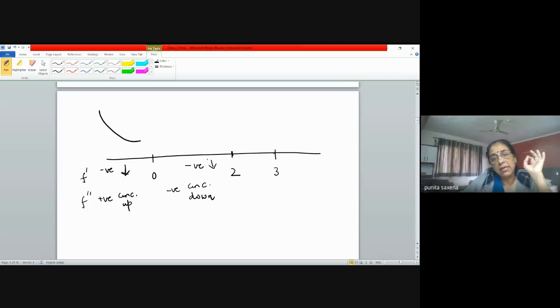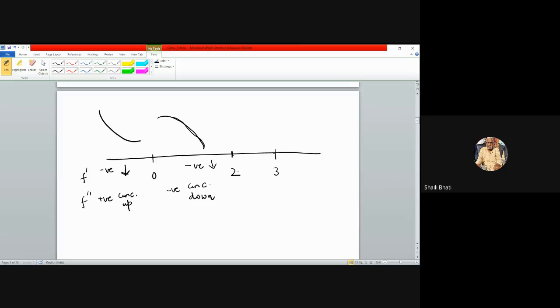So that means, as I said, I'm going to just draw the shape in this interval, right? So upar se niche, but cave is opening down, so that means it will have a shape like this. Something like this. Is this clear?